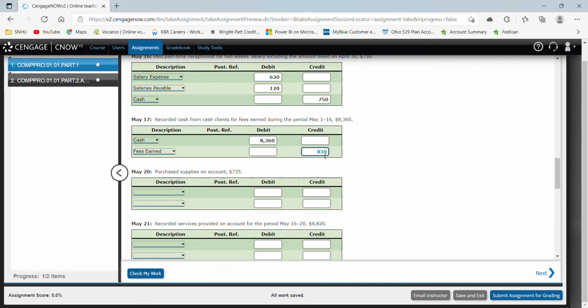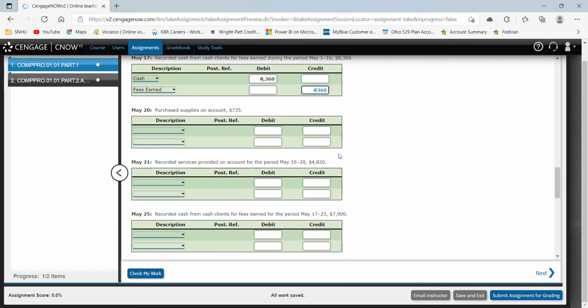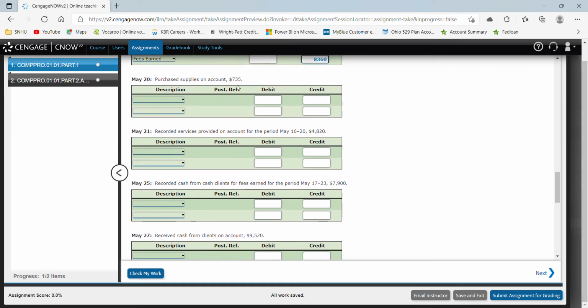That's an owner's equity account. So there we go. And then purchase supplies. Okay, so what's happening with cash? Purchase supplies on account. Ooh, that's that on account is key. So no cash changed hands, but we did increase our supplies, which is an asset.